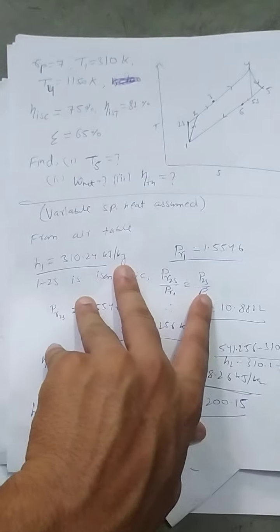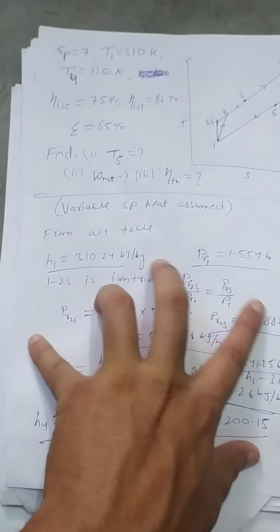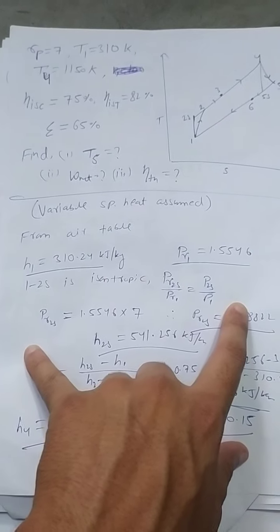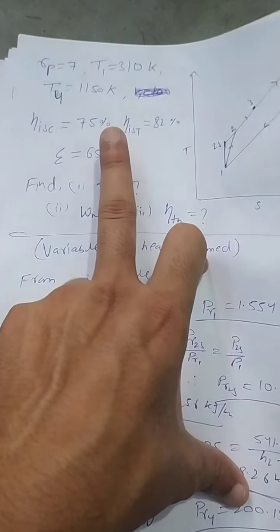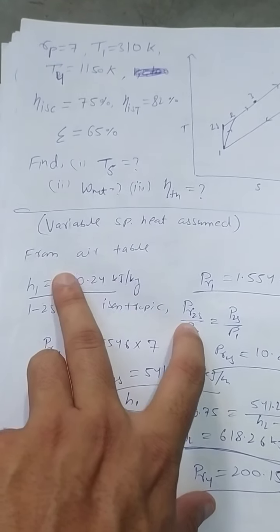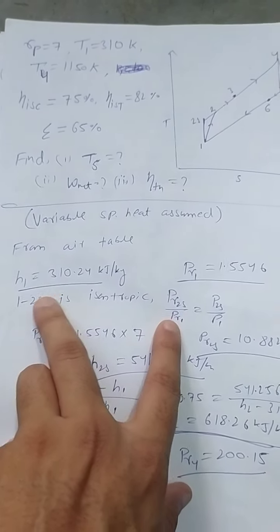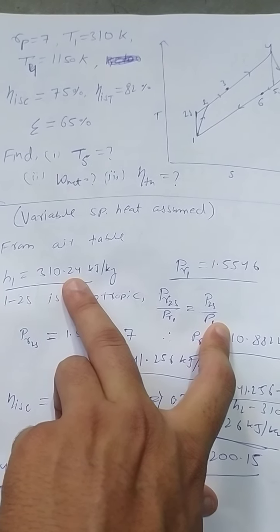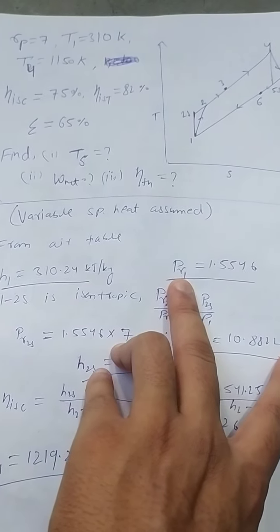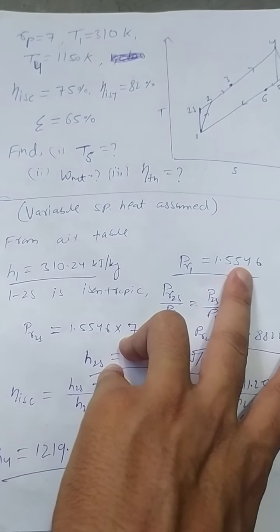So let's do it. Variable specific heat is assumed for this whole question. Temperature T1 is given, which is 310. From the air property table, specific enthalpy is 310.24 kJ per kg. Relative pressure is 1.5546.